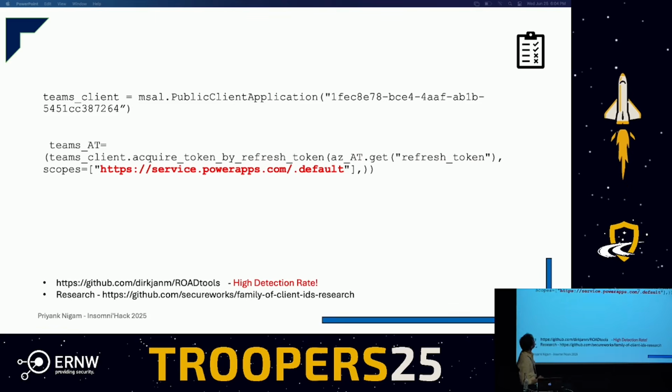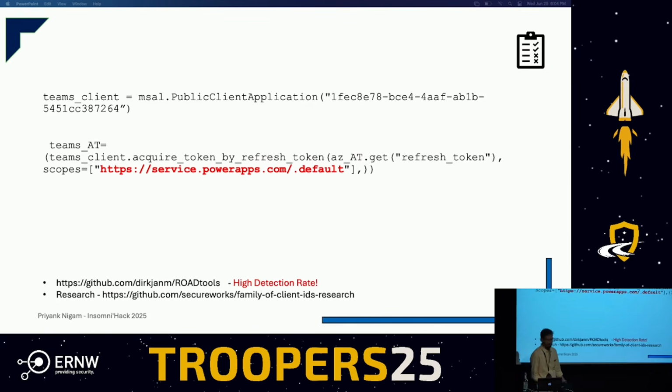Another example: I initiated as a Teams client. This is a public client ID for Teams. You see that the refresh token could now be exchanged for an access token for the scope for powerapps.com, right? That's pretty crazy.